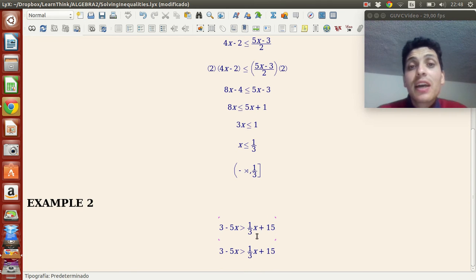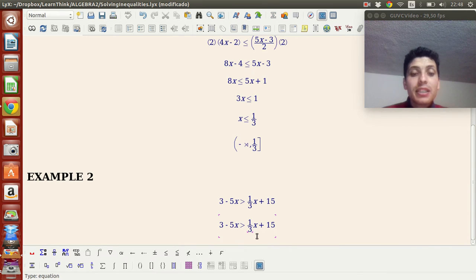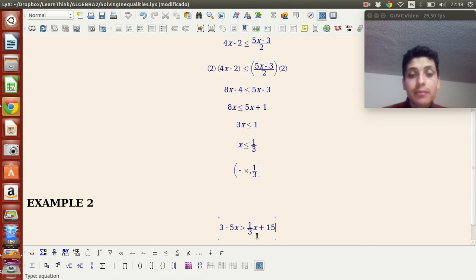If they don't like fractions, if they don't want to add or subtract fractions in equations and inequalities, it's better that you get rid of all fractions. So how could you get rid of all fractions? Multiply by the LCD. In this case, there is just one denominator, that is 3. So I'm going to multiply the whole inequality by 3.